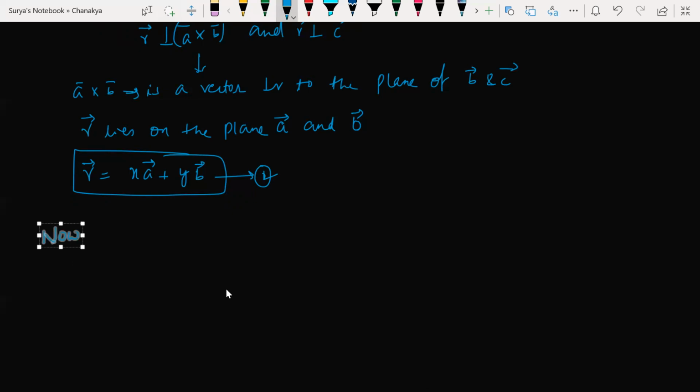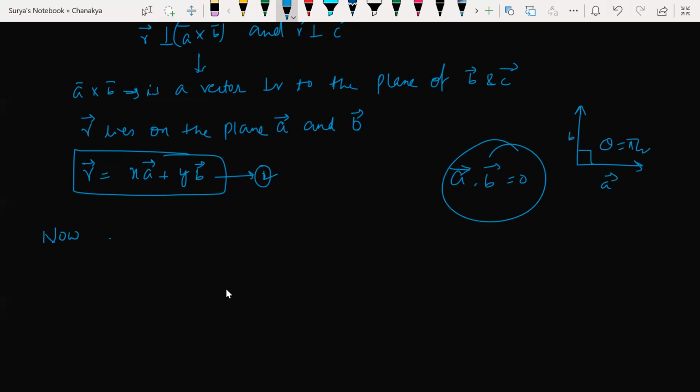When can you say they are perpendicular? When A dot B is equal to 0, then only can you say that A is perpendicular to B. Hope it is clear. Why? When theta is 90 degrees, this is the A vector and this is the B vector. When can you say that A dot B is equal to 0? If they are perpendicular to each other.